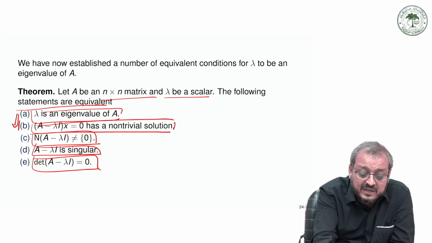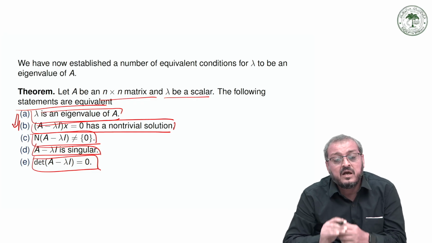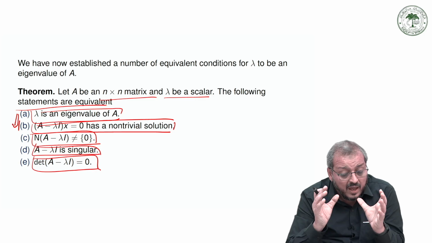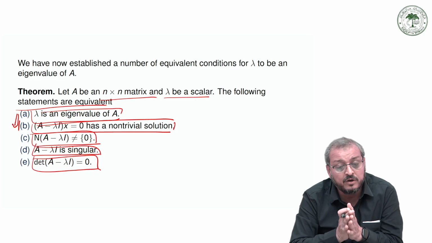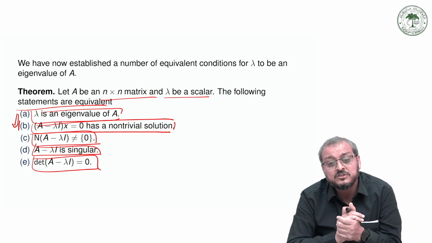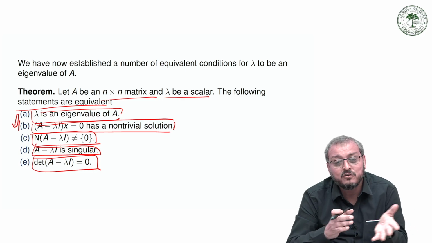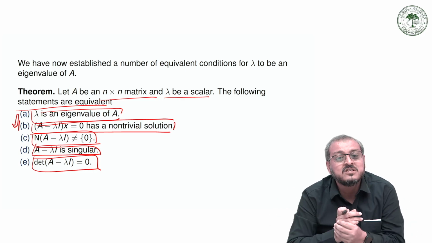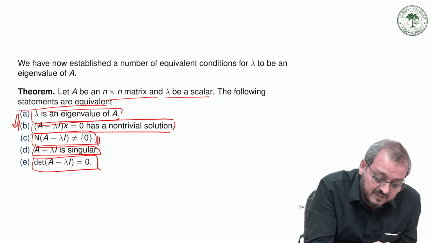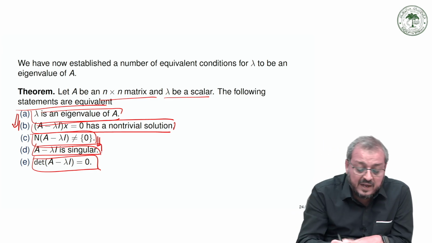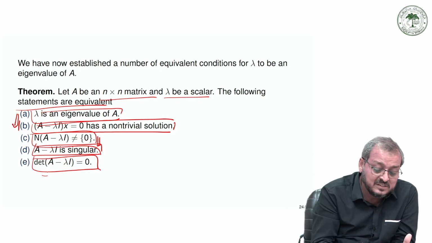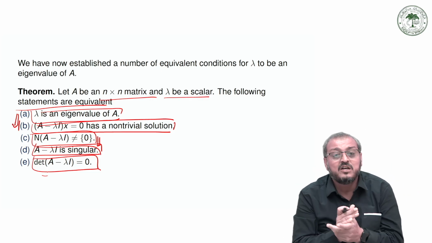And if A minus lambda I has a non-trivial solution, by the previous discussion the kernel of A minus lambda I is clearly not equal to the zero subspace. Also, if it is not the zero subspace, it is not one-to-one, and so it is not non-singular, meaning it is singular. If it is singular, then the determinant should be equal to 0. So clearly all the statements are equivalent.